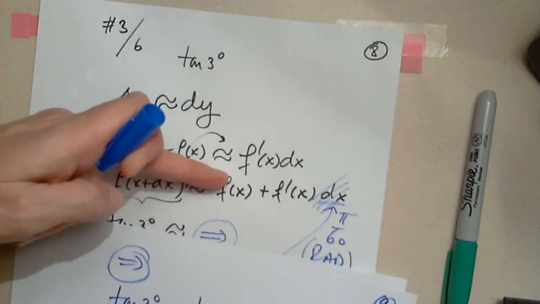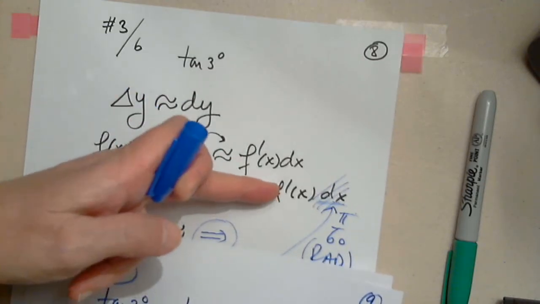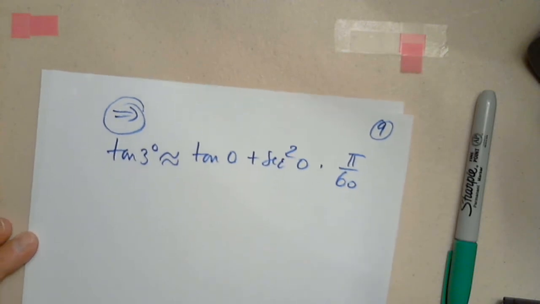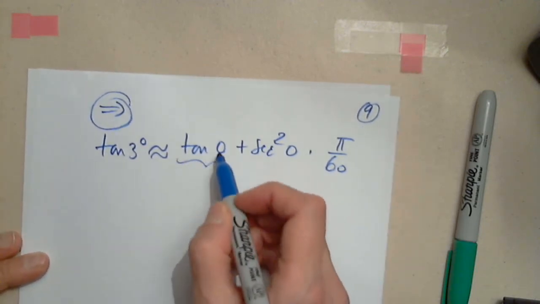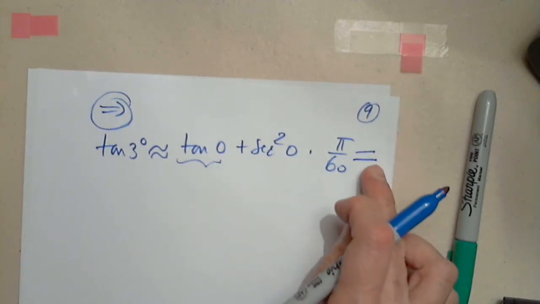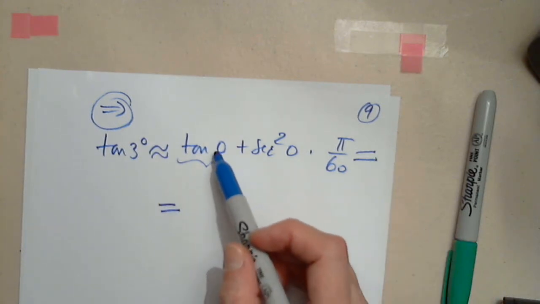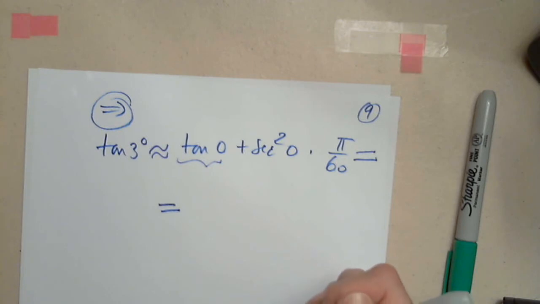So I replaced this by tangent 0, this by secant squared 0, and this by pi over 60. So therefore, I know that tangent 0 is, now I can write the equal symbol. Here I cannot, but here I can.